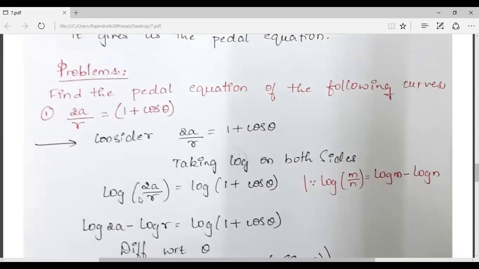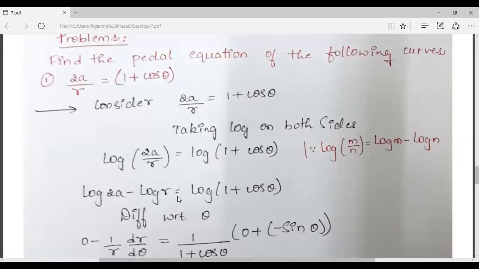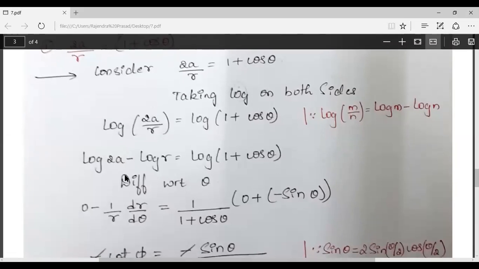Log 2a by r is of the form log m by n, and we know that log m by n is equal to log m minus log n. Obviously, we apply the logarithmic property: log 2a minus log r is equal to log of 1 plus cos theta. Next step, differentiate with respect to theta.